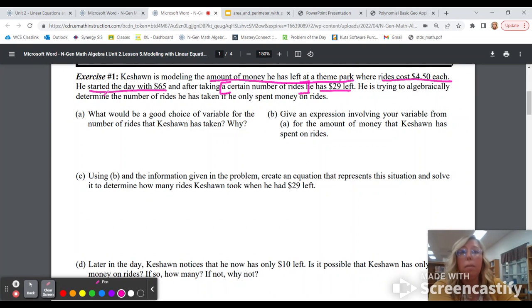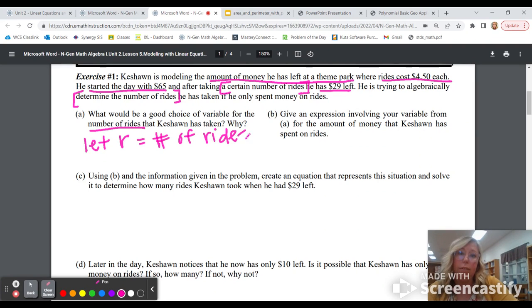He's trying to determine the number of rides. That's going to be your variable. So a good choice of a variable for the number of rides Keyshawn has taken, I'm going to use the letter R. So let R equal number of rides. That's your let statement.